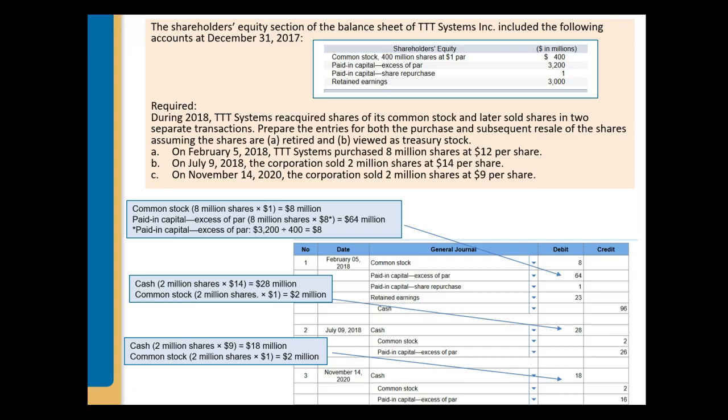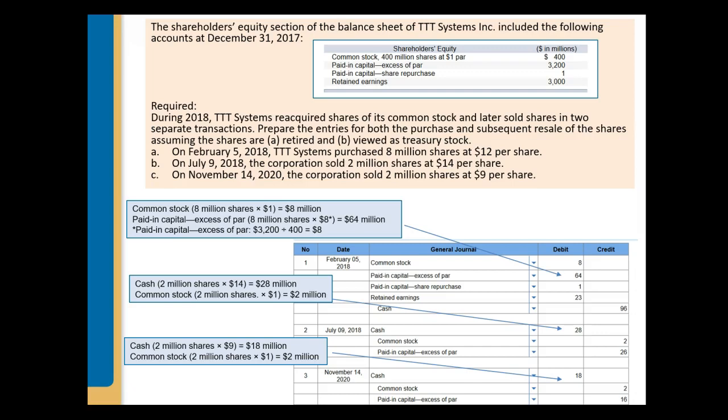We're then going to debit our paid-in capital share repurchase, the available balance above of 1. We're going to credit our cash for the full amount, the 8 million times $12 per share, and the difference will then be debited to retained earnings.